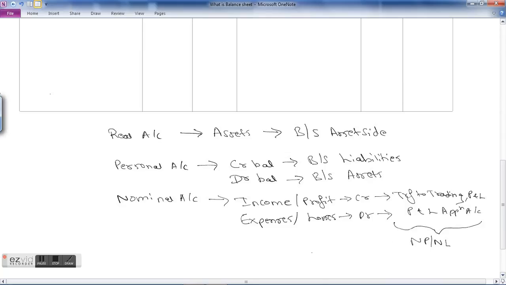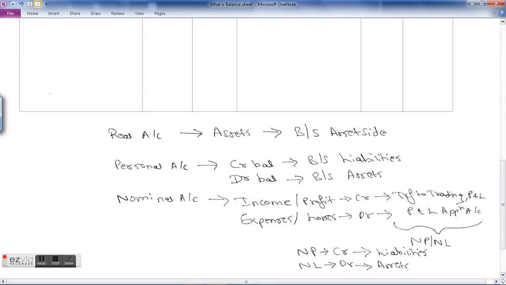Now this net profit or net loss depends on the nature of the balance. If it's a net profit, it shows a credit balance, so it will be shown under liabilities. If it's a net loss, it shows a debit balance and will be shown under assets.